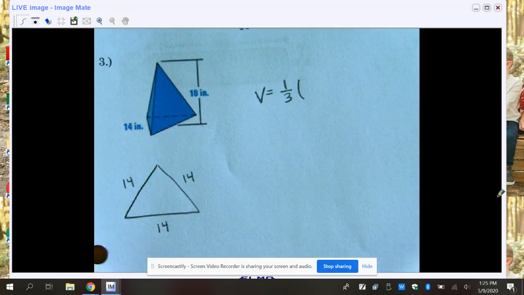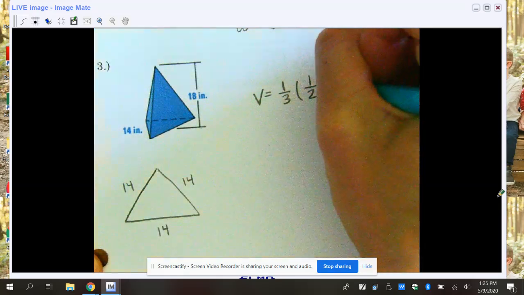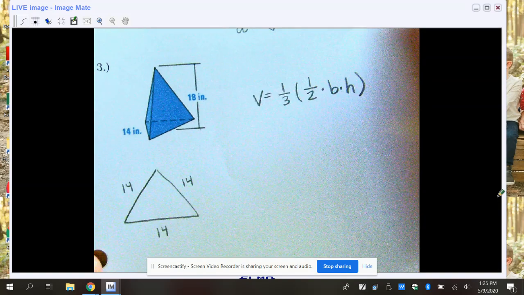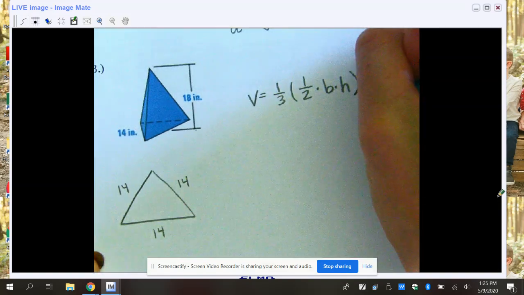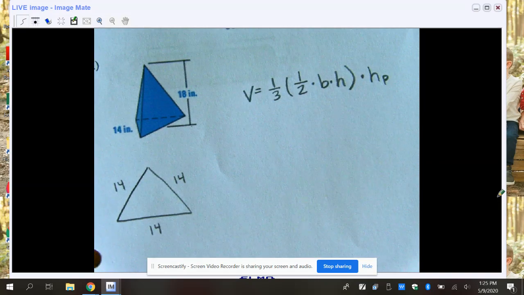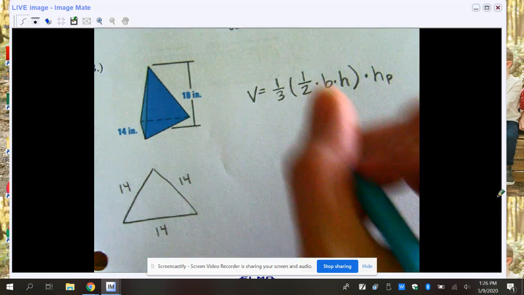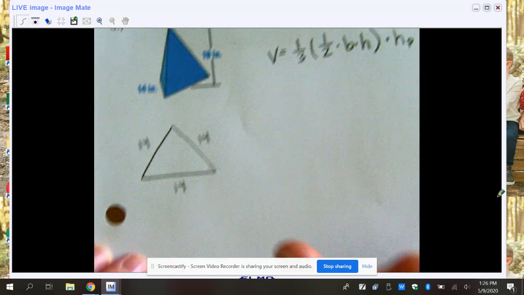Now the area of the base is not going to be length times width. It's going to be 1/2 times the length of the base times the height of the base times the height of your pyramid. So I'm going to put that little sub P there so I know that these H's represent two different things.